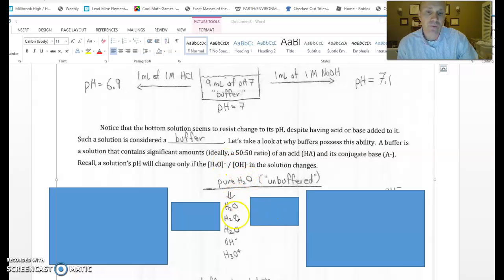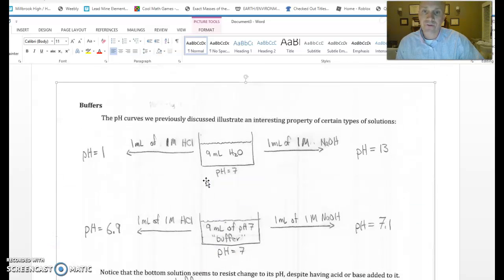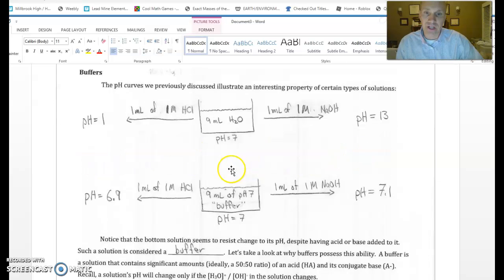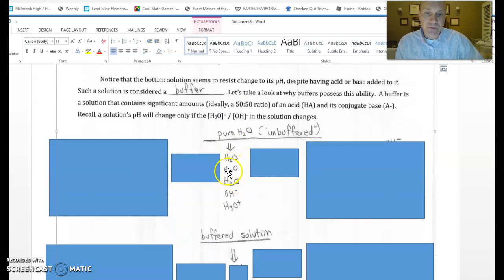So with that in mind, let's go through this just graphically. First, let's think about why it is that when you add strong acid or base to pure water, it causes the pH to change. This right here is just a representation of pure H2O, which we could consider an unbuffered solution.